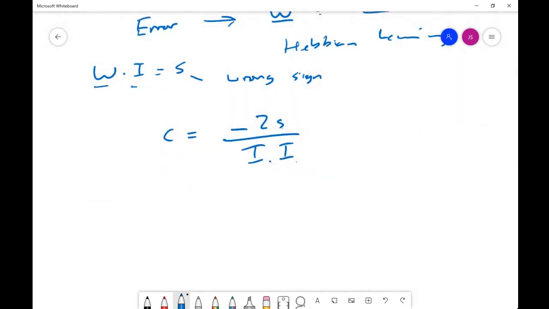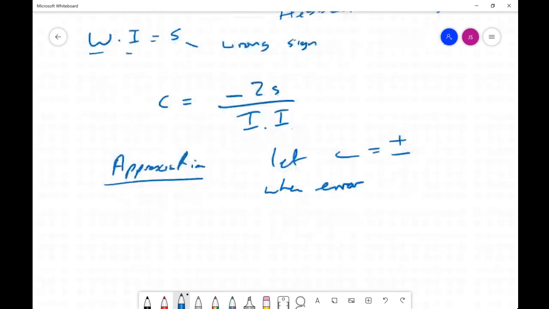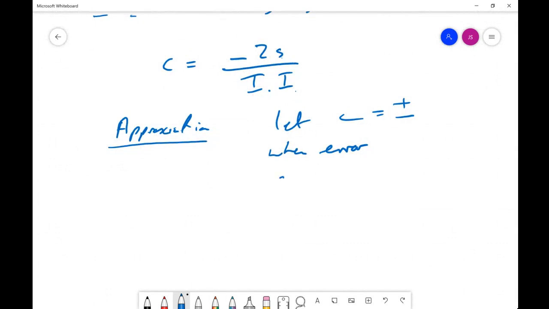That is tricky, and you really need a computer to sort that out, a lot of number crunching. So there is an approximation. The approximation is let C equal plus or minus 1 when you get an error. If S is negative for a positive class training pattern, then C equals plus 1.